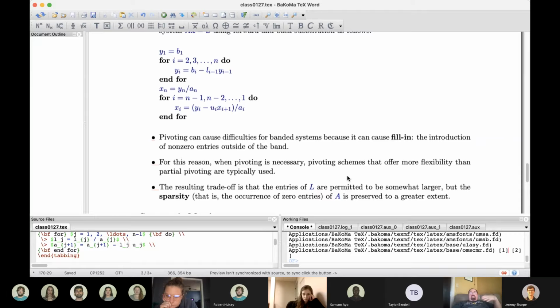So then you're more flexible in terms of what swaps you make. So you're still trying to contain the size of the multipliers, but not as stringently as in the general case. So maybe you get larger multipliers, but then if your matrix remains sparse, then you still get the benefit of that sparsity.